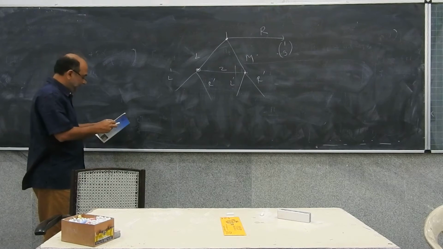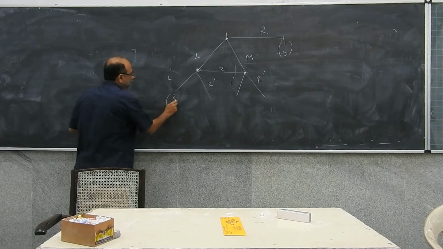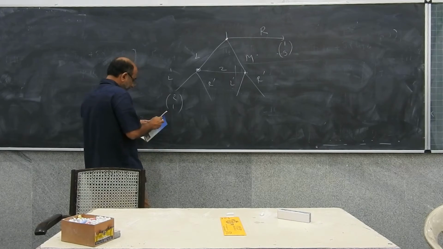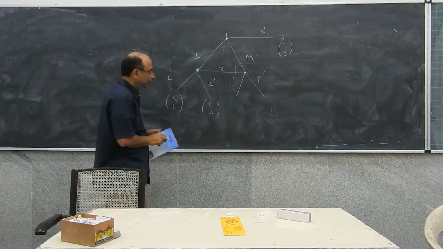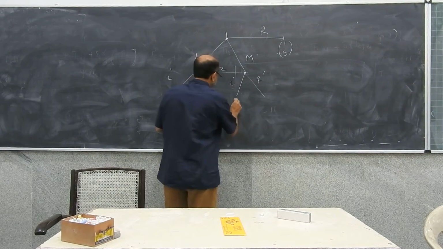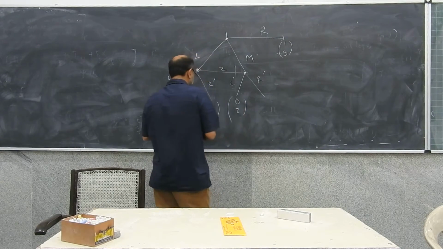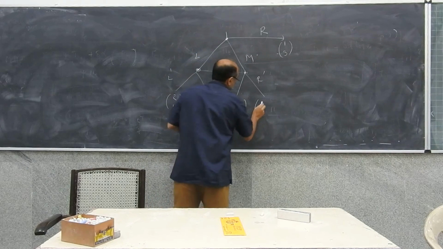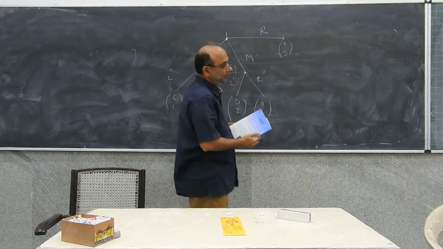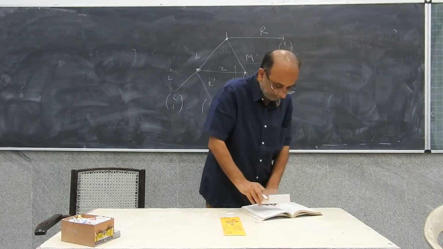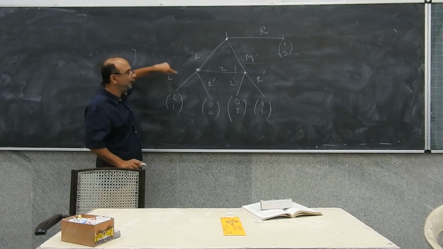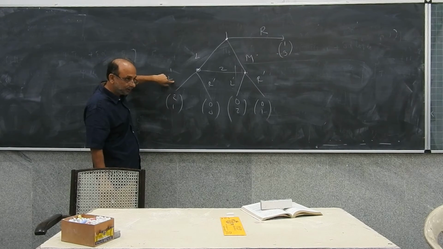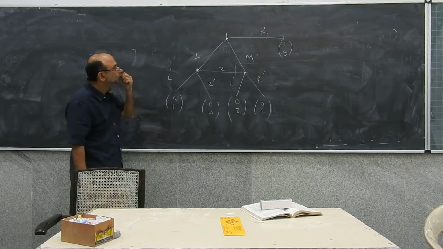And then here are the payoffs at the end: 2, 1; 0, 0; and then we have 0, 2; and we have 0, 1. So this is what player 1 gets if player 1 plays L and player 2 plays L dash. So player 1 gets 2, player 2 gets 1, and so on and so forth.